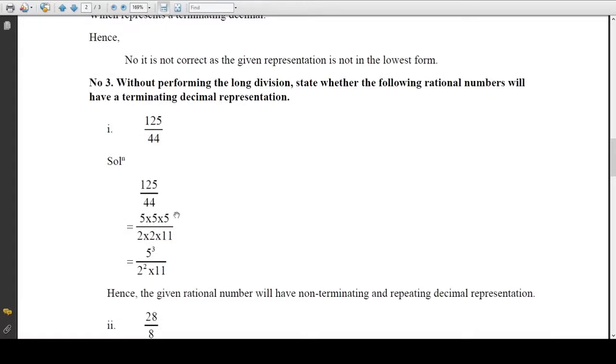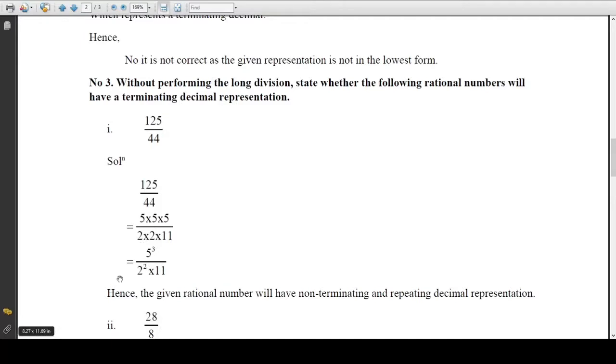The factors of 125 are 5 × 5 × 5, and 44 is 2 × 2 × 11. The numerator is 5 cubed and the denominator is 2 squared × 11. We don't need to bother about the numerator.